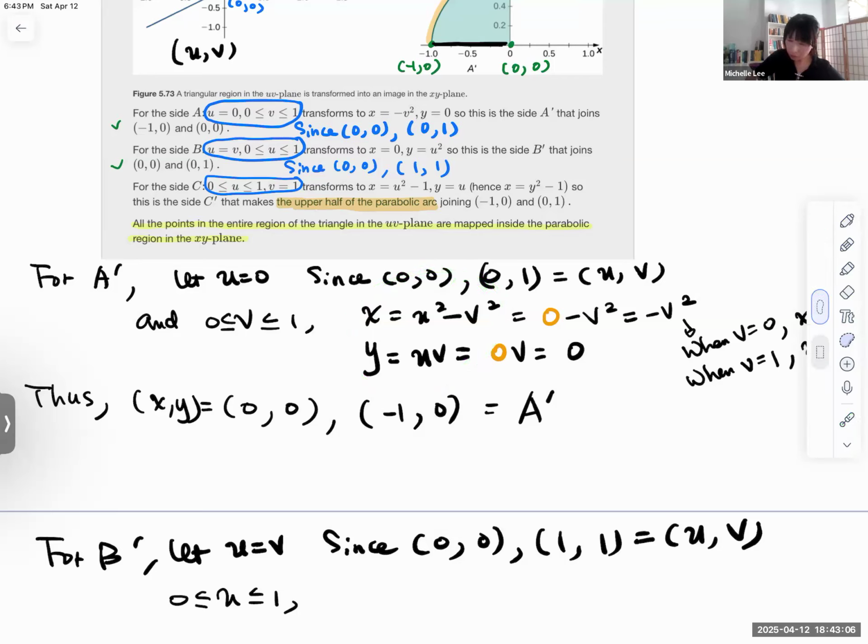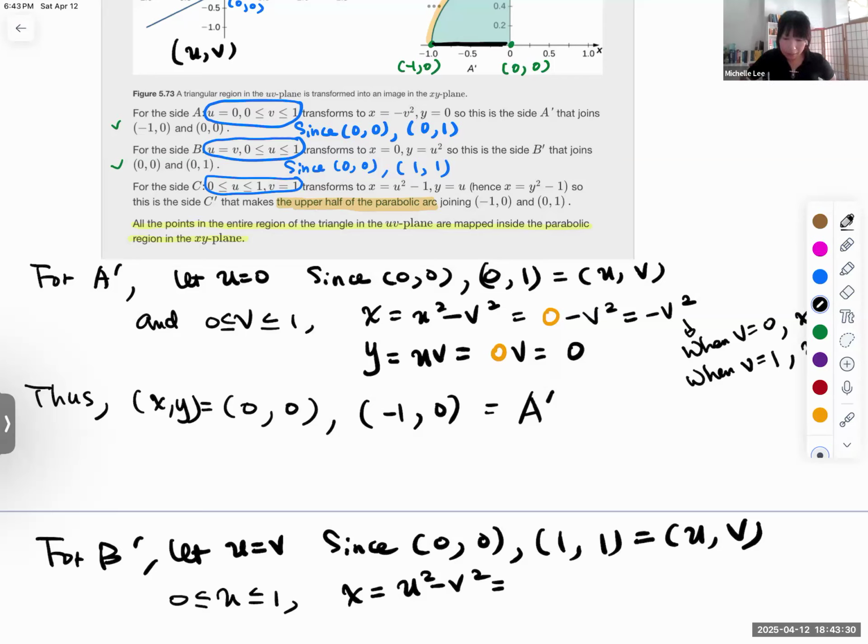So we have this one. Let me copy. Okay, let me just write. So x equal to u squared minus v squared.